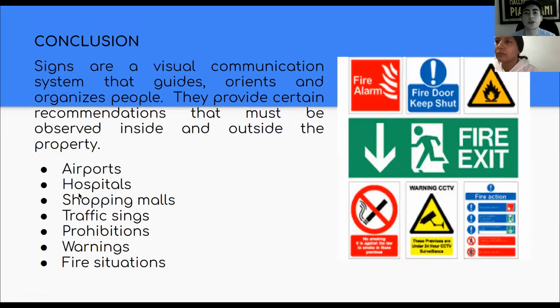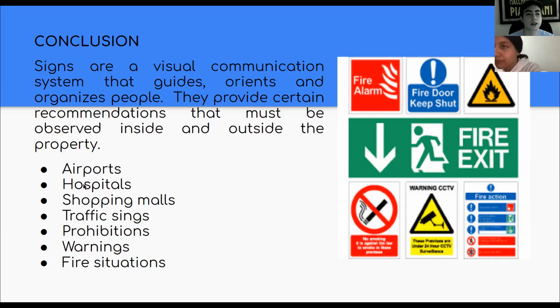Conclusion. Its purpose is also to draw attention to risk situations in a quick and easily understandable way, but it does not replace preventive measures. Signs are a visual communication system that guides, orients, and organizes people.